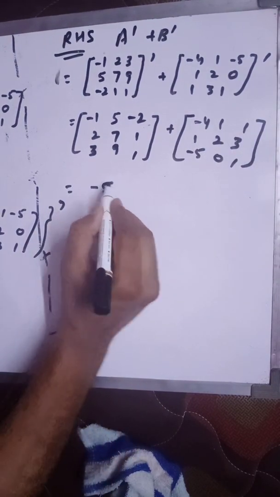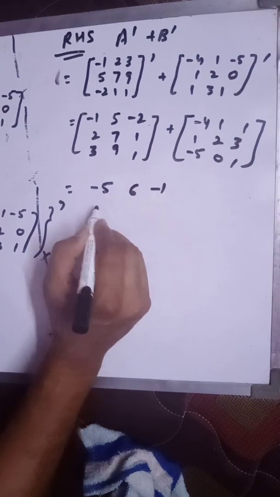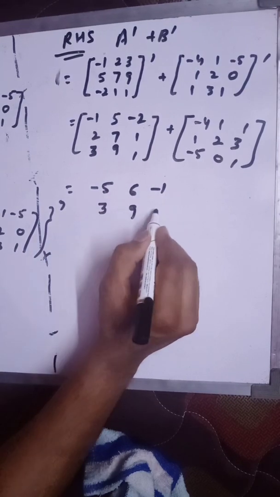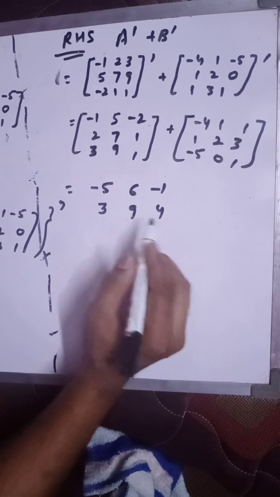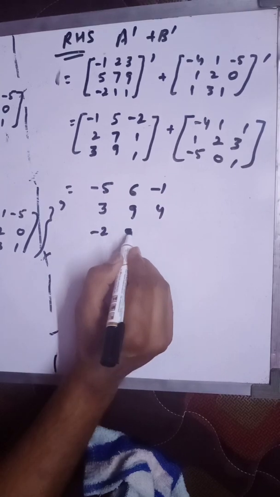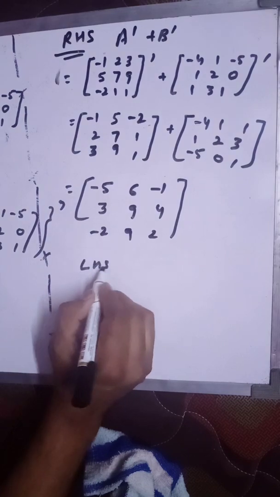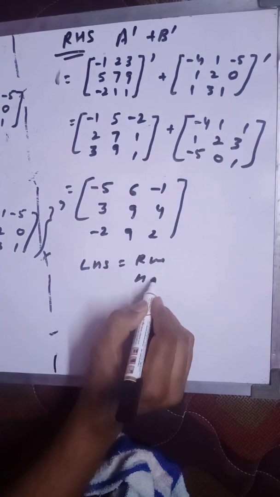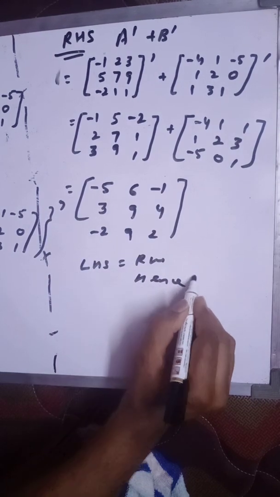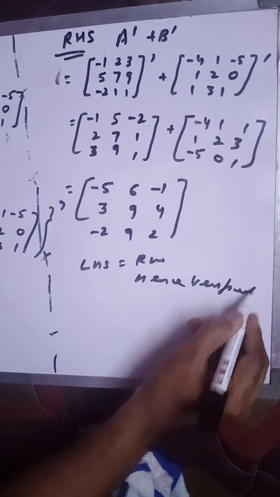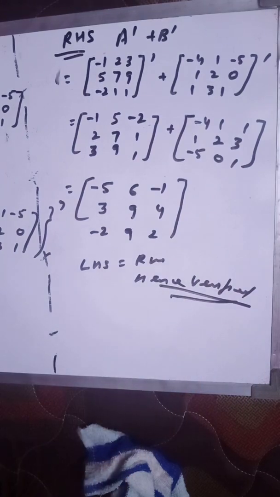You will get -5, 6, -1, 3, 9, 4, -2, 9, 2. So hence your LHS is equal to RHS, hence verified. This is how you can solve this question.